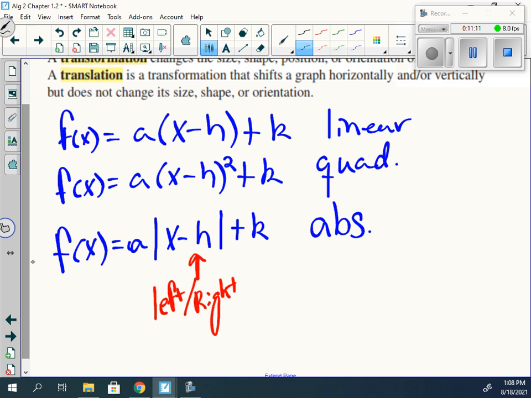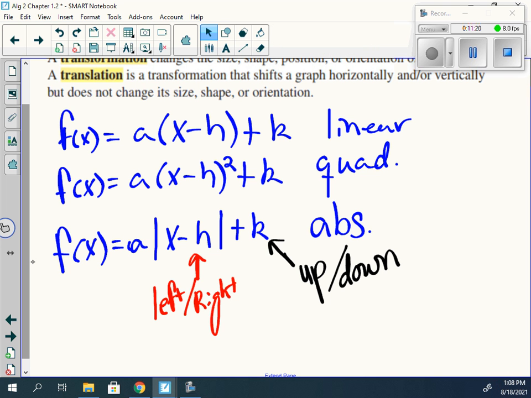Now the other spot dealing with these is the K, and it moves the function up or down. Inside the parentheses really affects the horizontal direction of the function, left to right, and outside is normally dealing with up and down, vertical directions.